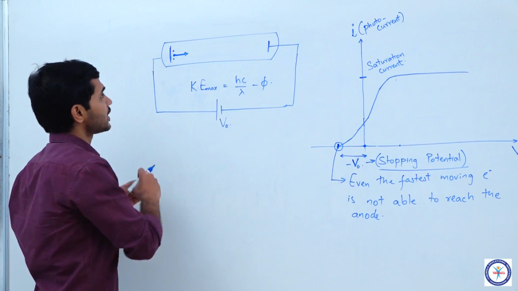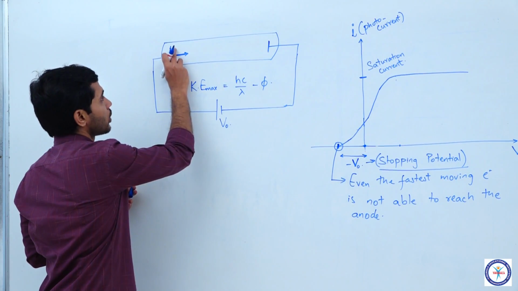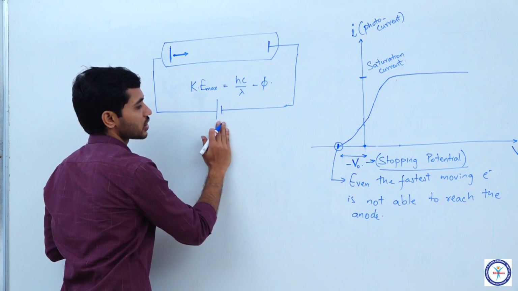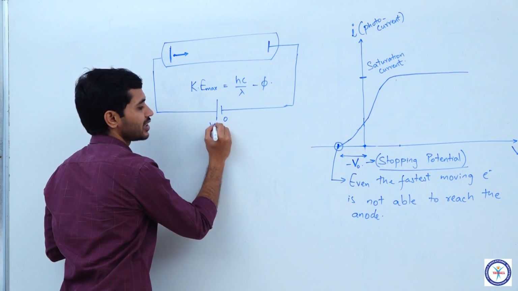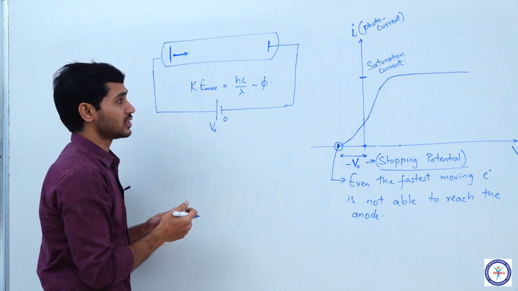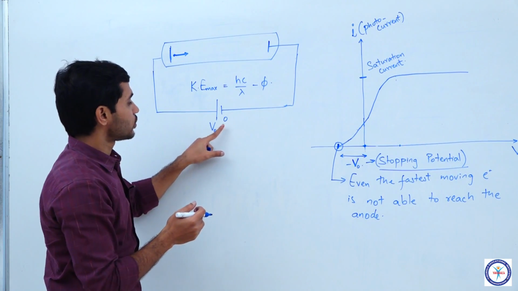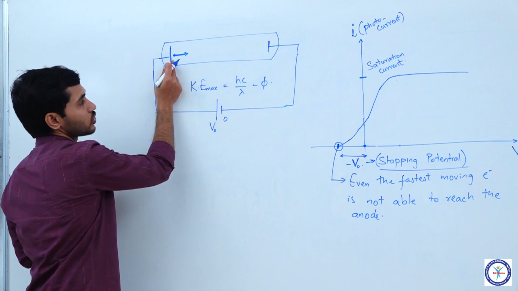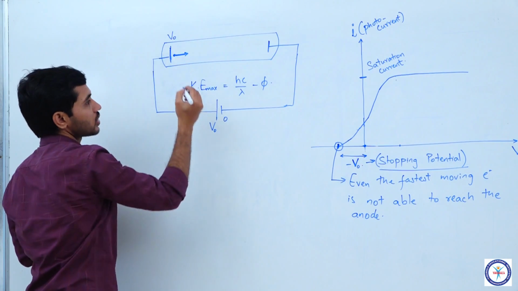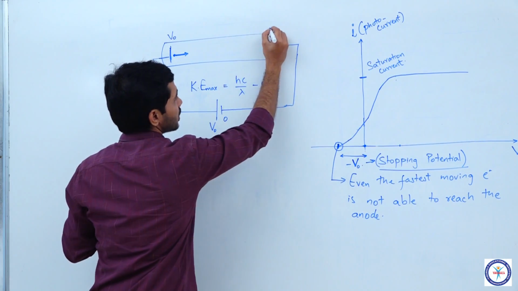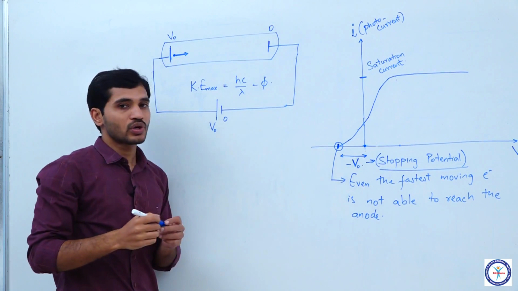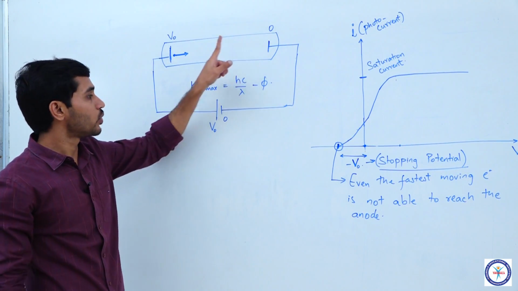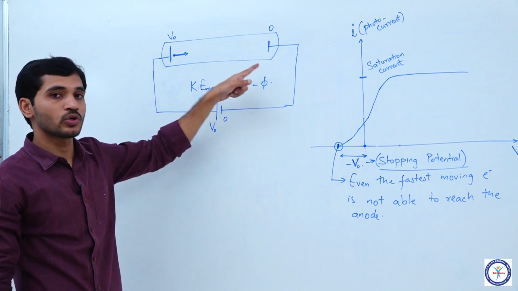Now, let's look at this electron alone. Let us just assume that the potential here is 0 and the potential here is V naught, just for ease of understanding. This means that when the electron is over here, it is at a potential of V naught, and when it goes here, it is at a potential of 0. So the electron is going from higher potential to lower potential.